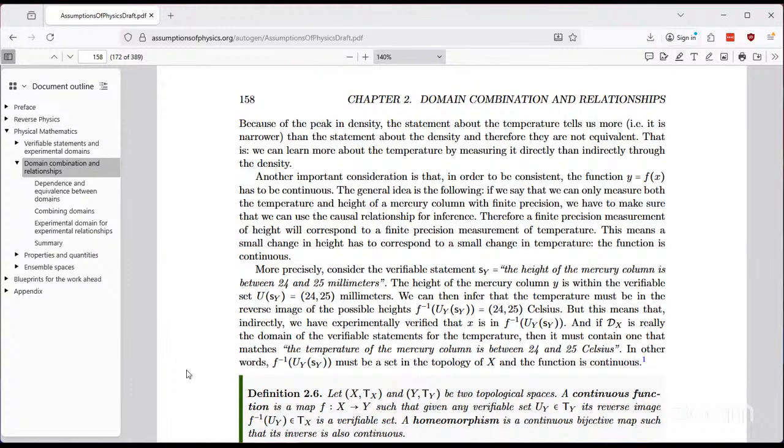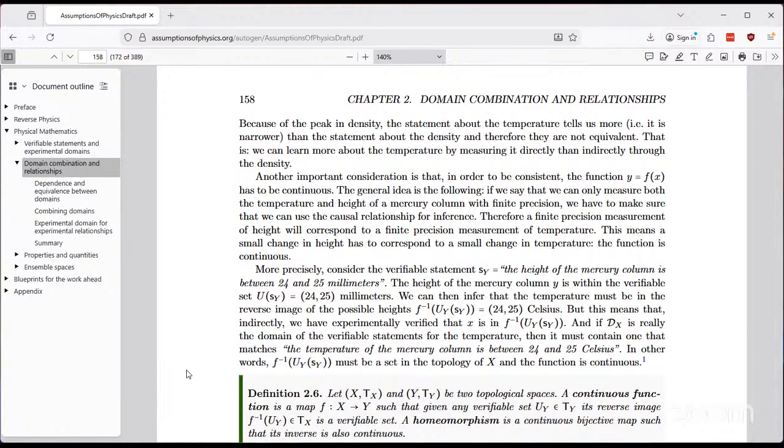More precisely, consider the verifiable statement Sy: the height of the mercury column is between 24 and 25 millimeters. The height of the mercury column Y is within the verifiable set U of Sy, which is the open interval from 24 to 25 millimeters.